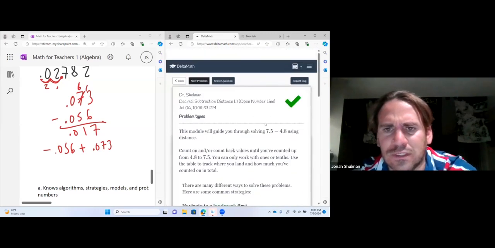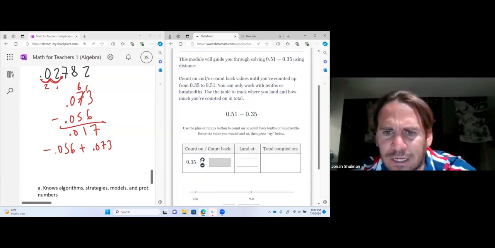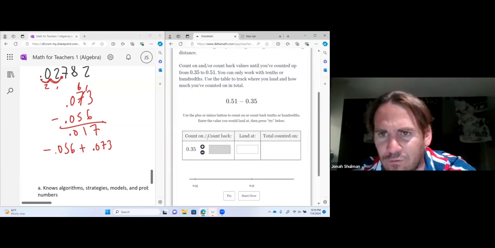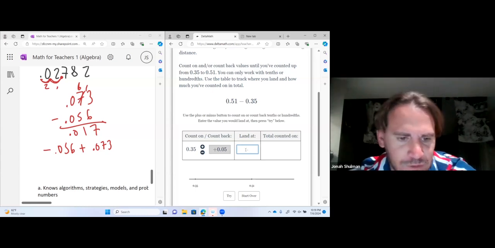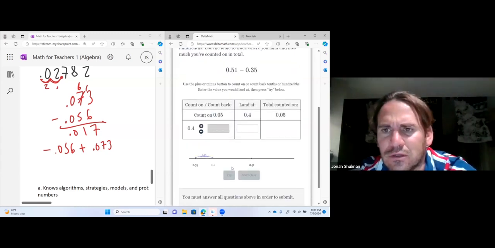All right, we're going to do this again. New problem. All right, here we go. So I got to go from 0.35 to 0.51. First thing I want to do is get this to, well, we'll do a little bit of time. So why don't we start with 0.05? This brings us to 0.40. This is the little way. That's why that little way works good. Sweet.